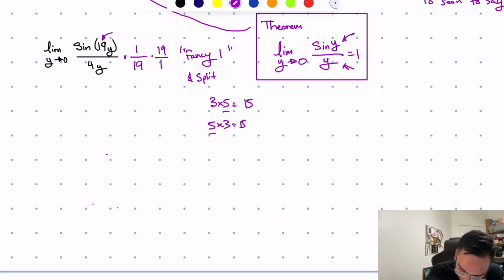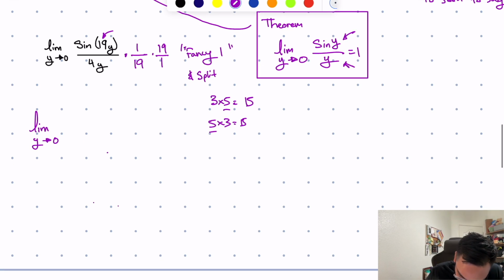So the way I do it is, limit as y approaches 0. We're going to split it. So the 19y, we're going to pull down.